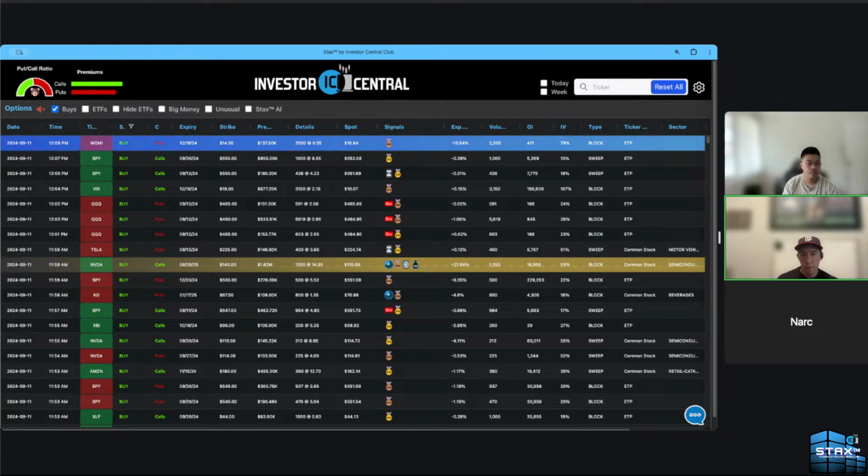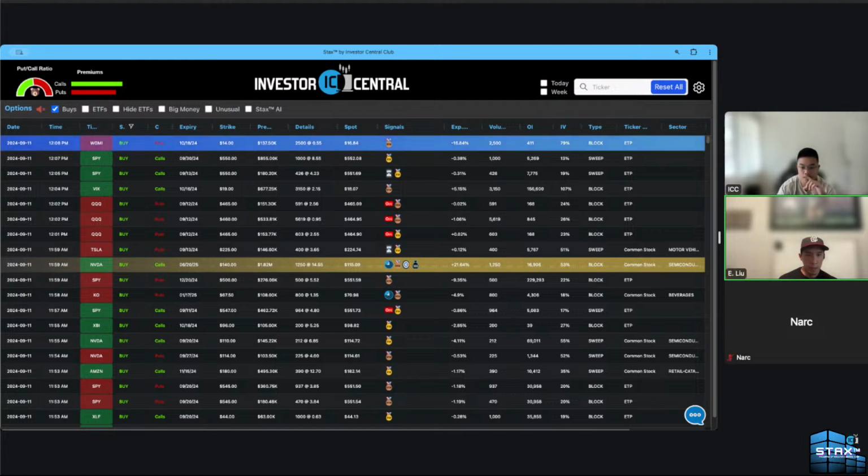One of my favorites, obviously, is Stacks AI and the algorithm that not only filters out the unusual and big money, but uses very specific parameters that allow us to point out, hey, these are situations where we like to think there's some sort of insider information, where somebody might know something, and these drastically improve our odds and our probabilities when it comes to taking those types of positions.